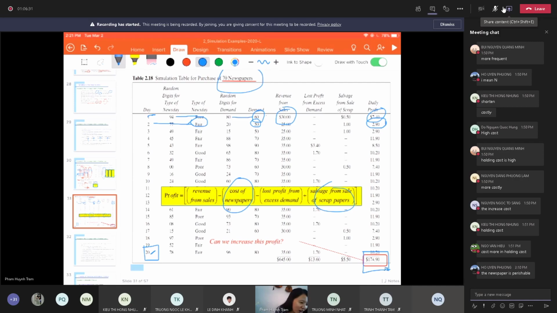You may try to reduce this to 60 to see how it goes, because you see that on many days we have leftover papers. So you may try to reduce to 60, or to 50, it's up to you, but we have to try.